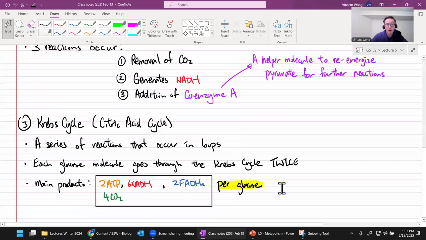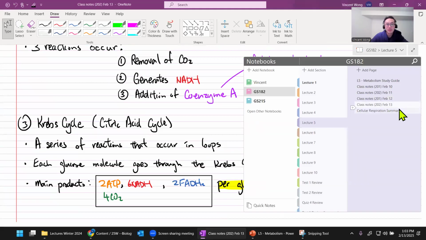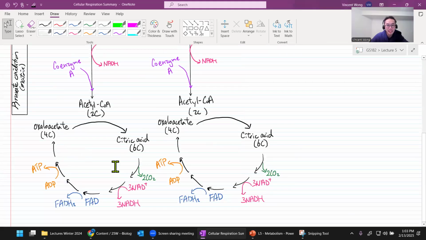This is per glucose. If you're looking at per spin, then that's a different story. So over here, let's just put it down on the side. Krebs cycle. Krebs, again, is a person, and it happens in the matrix.